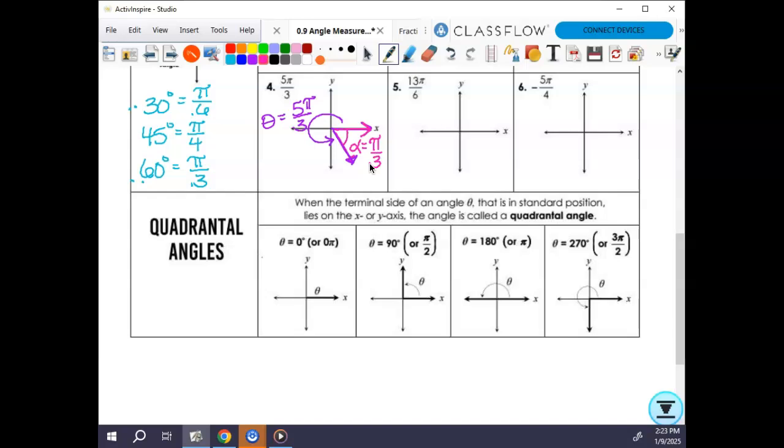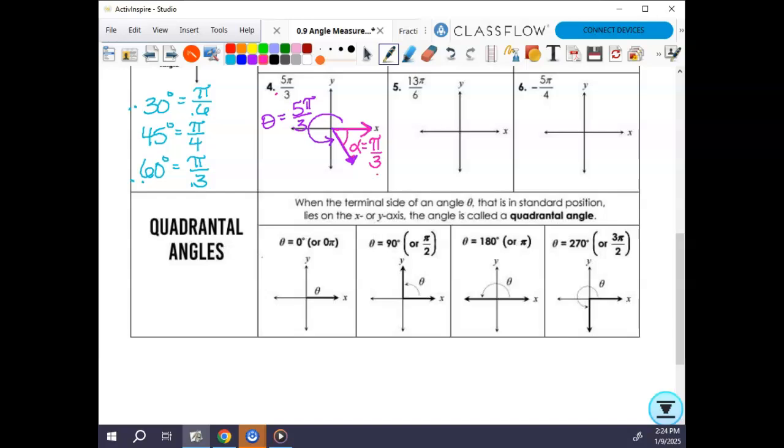Now, remember when we did these special right triangles yesterday, and I said eventually, not now, and not today either, you're going to have to be able to tell me what's the sine of pi thirds, what's the cosine of pi thirds. You're also going to have to know the sine, cosine, everything of 5 pi thirds. But you only really have to know pi thirds, because we will refer to this as a fourth quadrant pi thirds angle. If you know everything there is to know about pi thirds, you already know everything you need to know about 5 pi thirds.